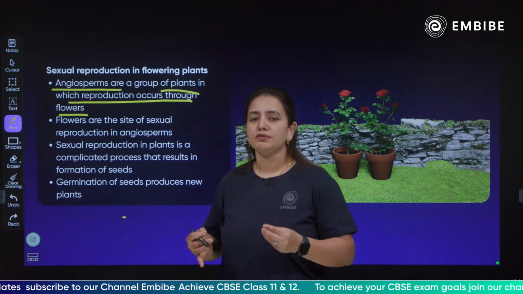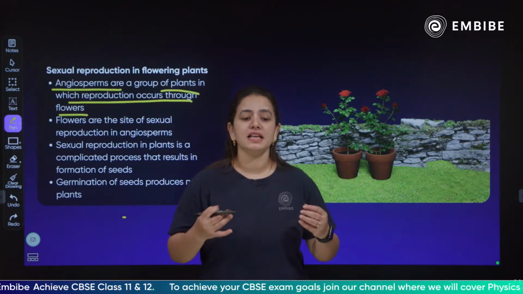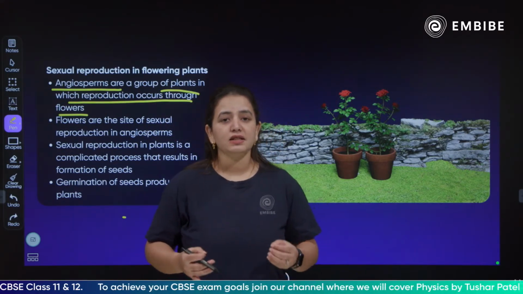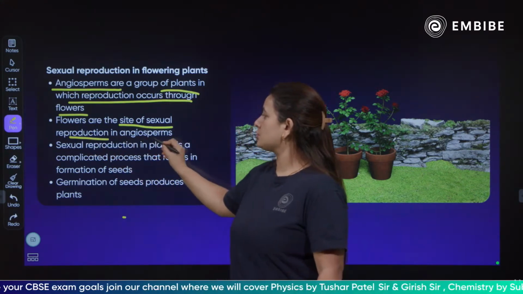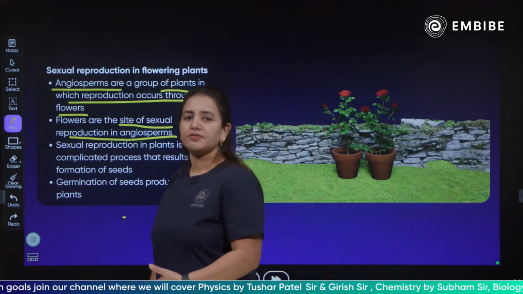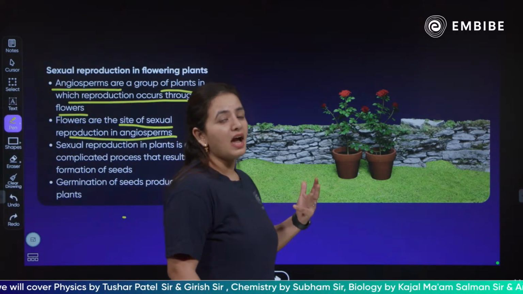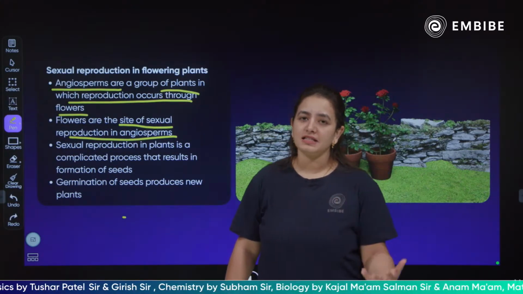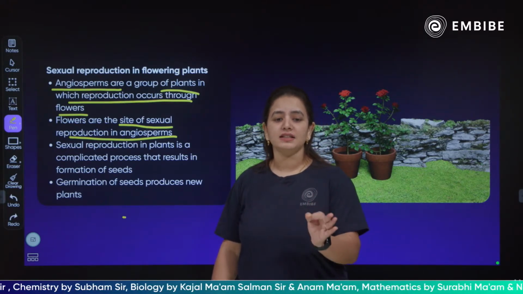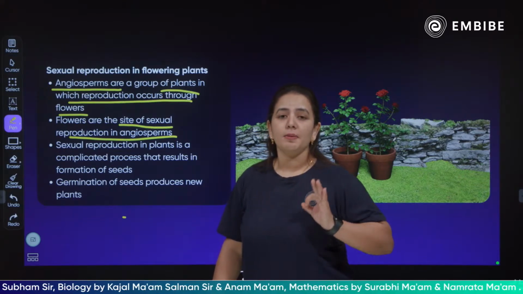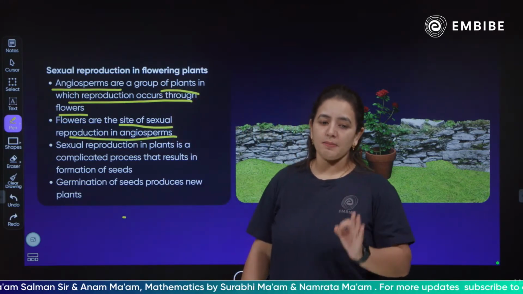Due to the presence of the flowers and the reproductive organs, they are capable of undergoing sexual reproduction. The flowers are the site of reproduction in angiosperms. Of course, the flowers have the male reproductive system and the female reproductive system, and they are the site for fertilization, where the sexual events take place.